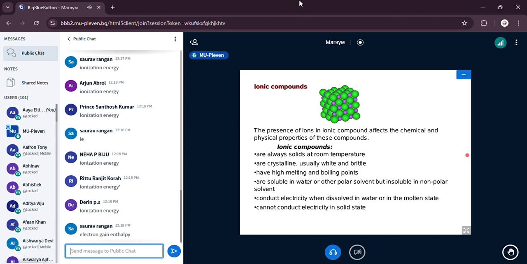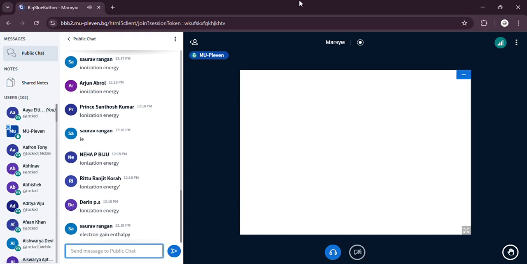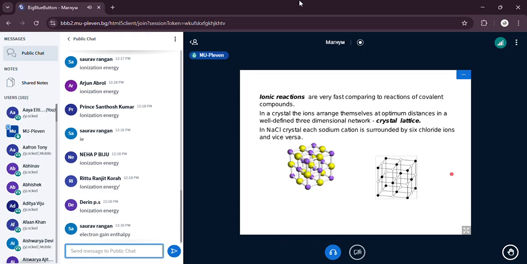These compounds conduct electricity, but in solid state they are not able to conduct electricity. Also, chemical reactions between ionic compounds are very fast, and their typical feature is they exist in a very ordered state.